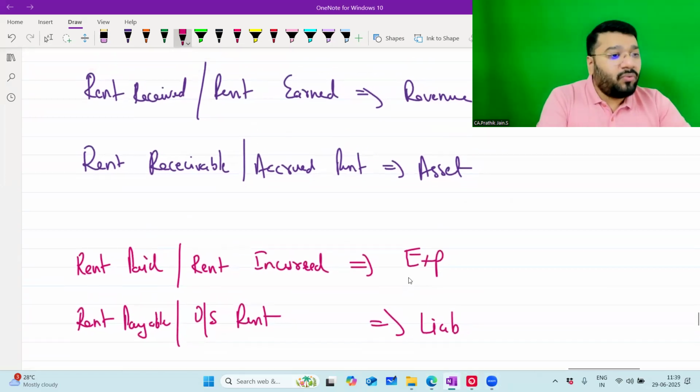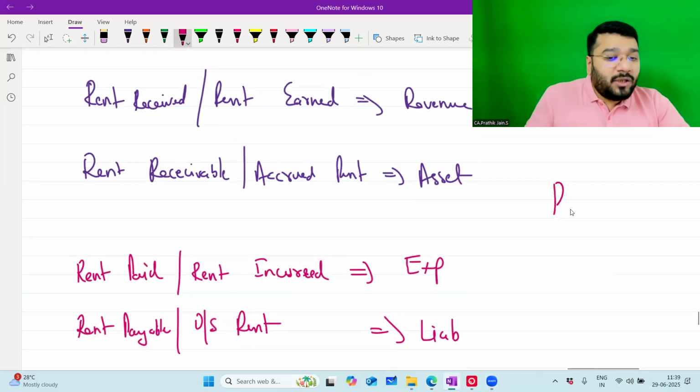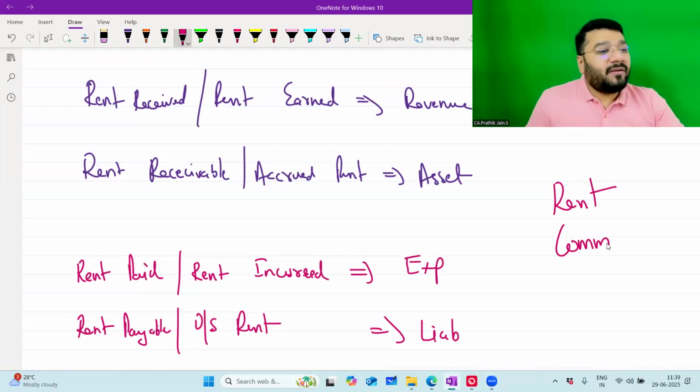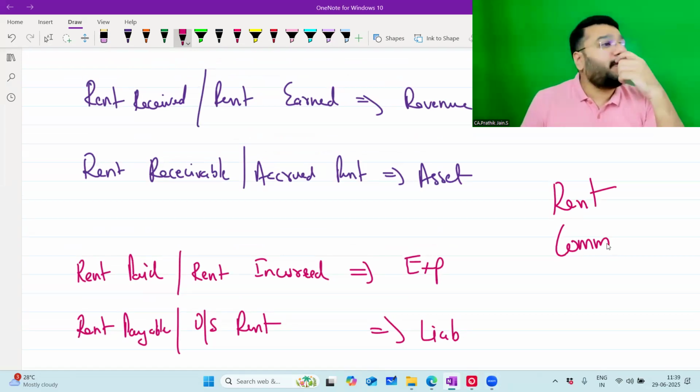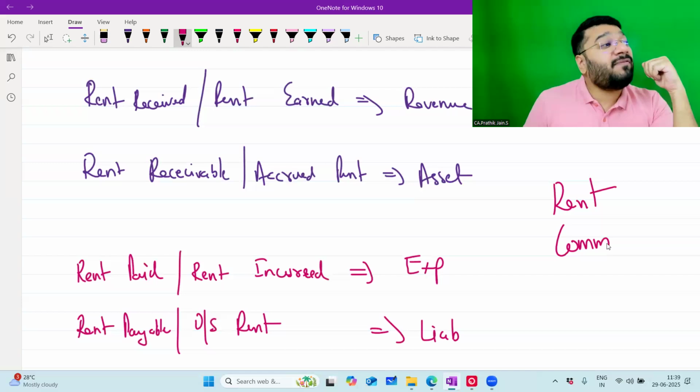Now imagine they only give rent, only give commission, with no paid, received, earned, incurred, nothing given. They only give rent and commission. That's all. Now, how will you know whether this is revenue or expense?